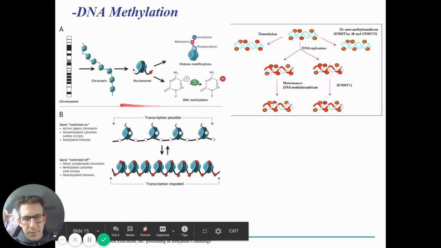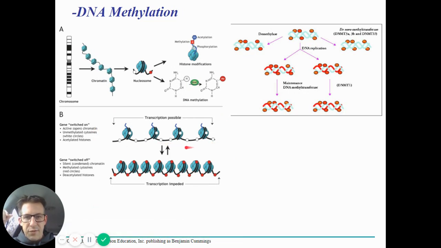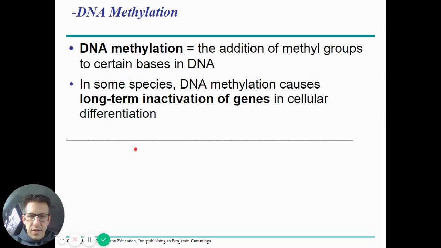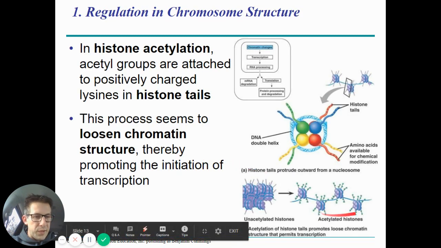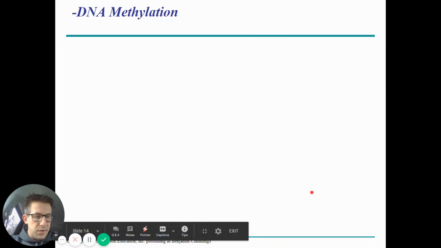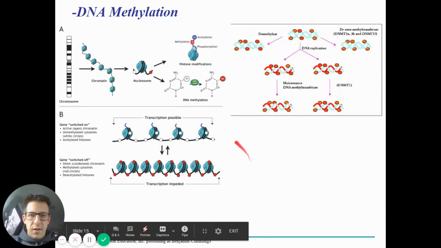Okay, so this picture up here shows us, I like this one, I think probably best when trying to illustrate DNA methylation. This is a stretch of DNA that has been expanded. It's probably got, the histones have been acetylated, right? It is basically this picture right here. Okay, so this picture and this picture right here are basically the same.